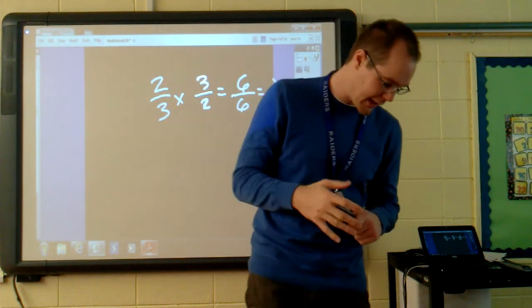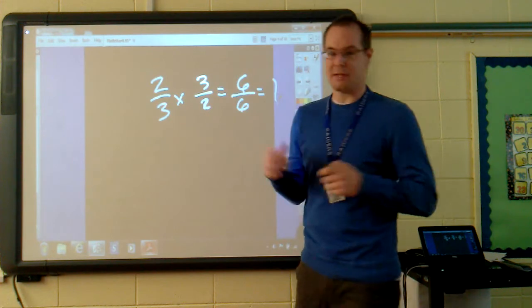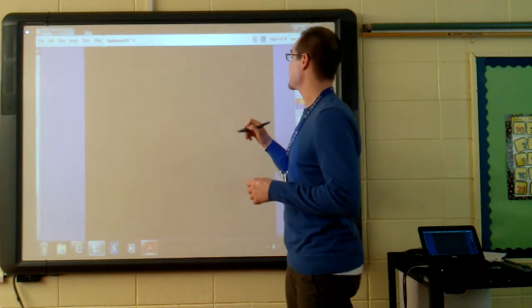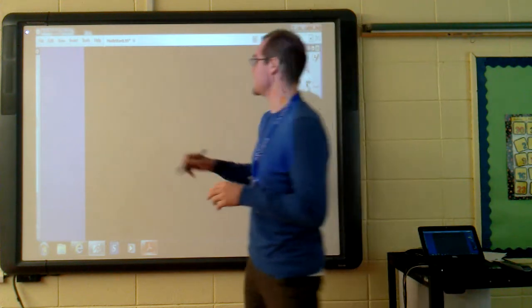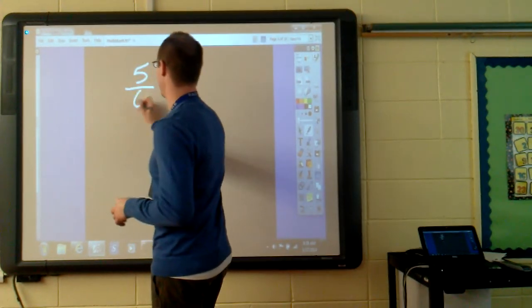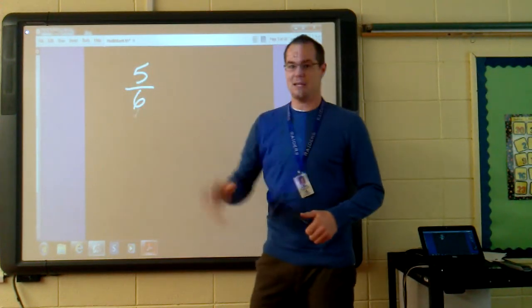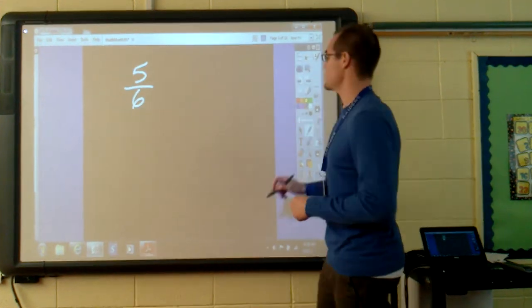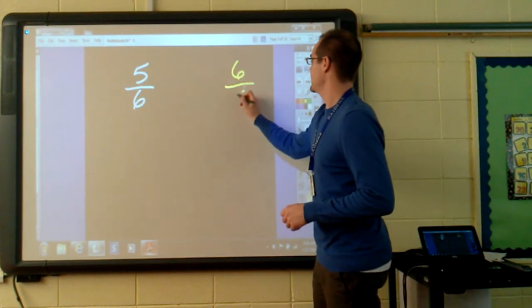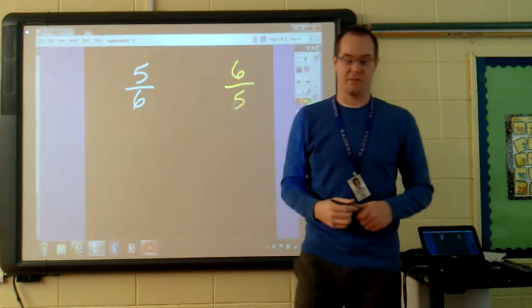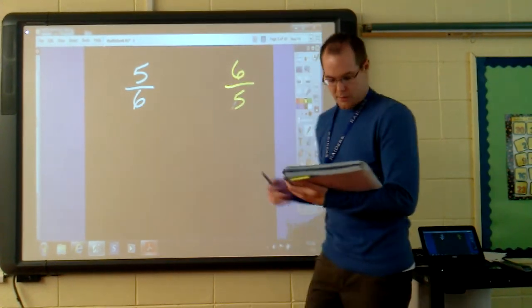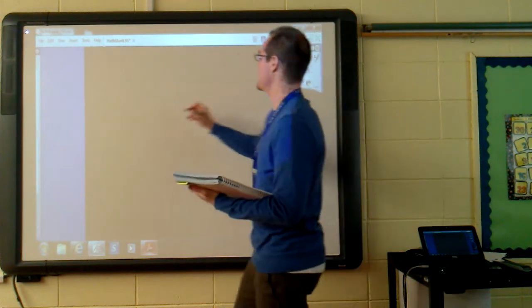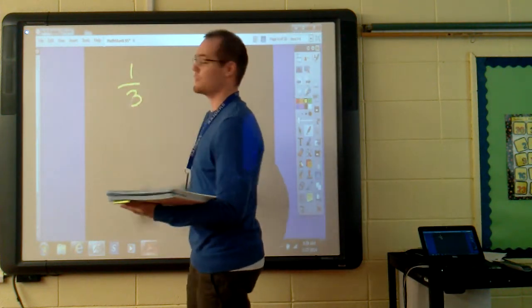All right, let's look at example number 1, and this is one that I expect you to put in on your little worksheets. It says, what is the reciprocal of 5/6? Invert that fraction, and your answer for example 1 is 6 over 5 or 6/5. All right, going on to the next example. Example 2, what is the product of 1/3 and its reciprocal?